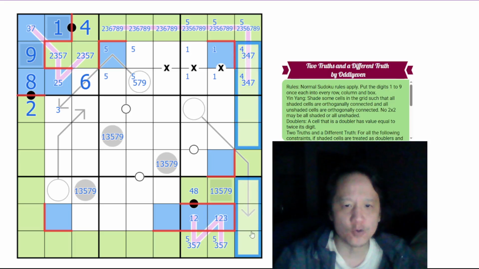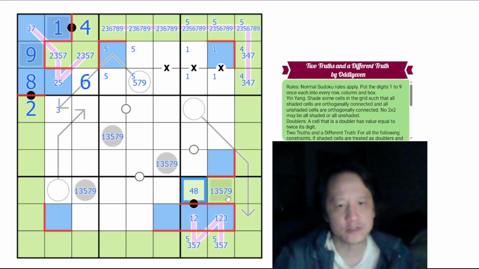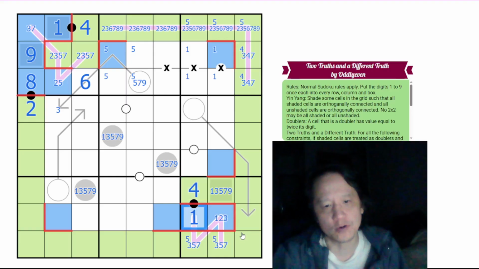Where is the 4 in this box? It cannot be anywhere here because one of these must be 4 to satisfy the Renban when this is correct. And it is when it's not doubled. So 4 cannot be here. 4 can't be any of these. So this must be 4. So this has to be 4 and 1, which forces this to be 2.